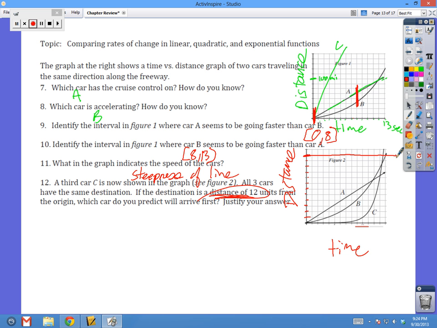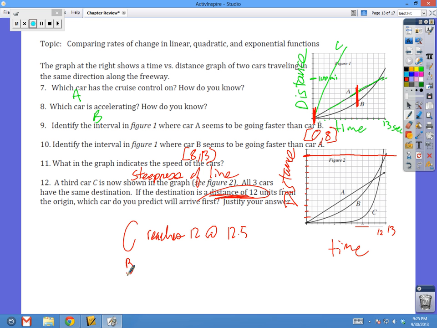And it is going to be C. C looks like it reaches 12 at, so this is 12 seconds and this is 13 seconds, it looks like it reaches 12 right at 12 and a half seconds.